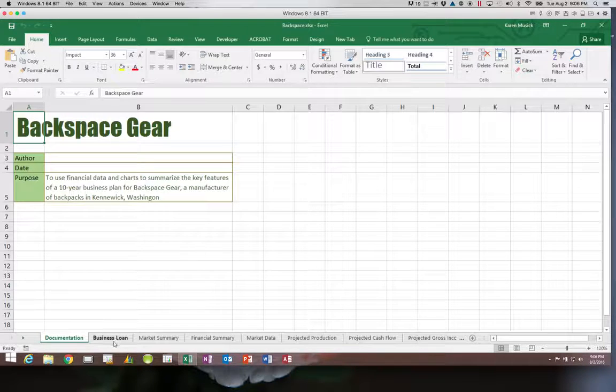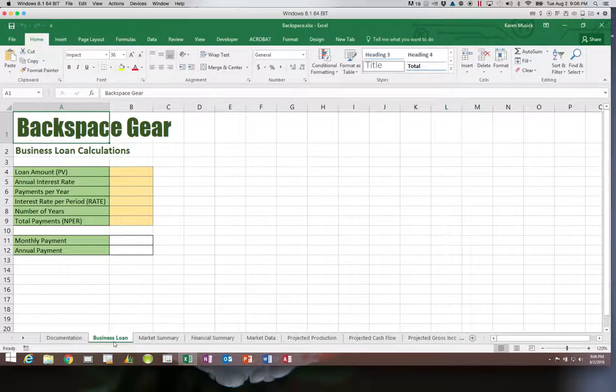We're going to go to the business loan worksheet. And on this worksheet, we are going to calculate the amount of money that they would have to pay monthly and annually if they borrowed money to expand this business.